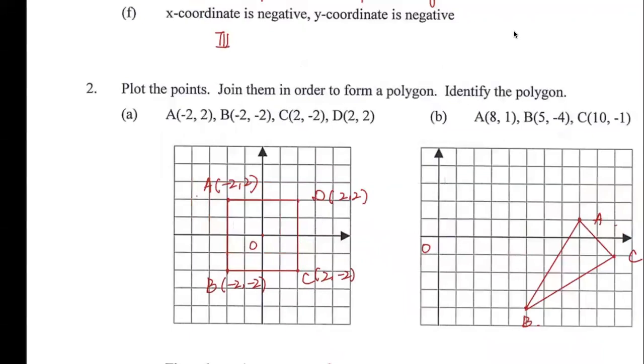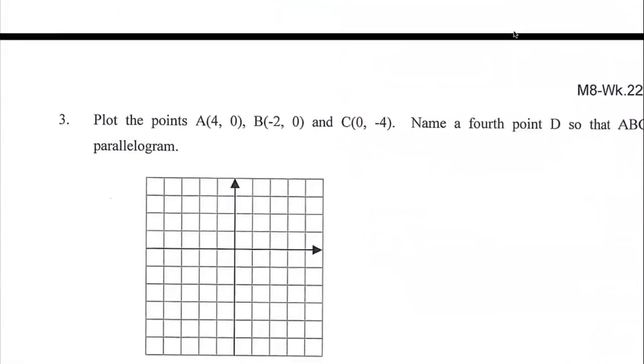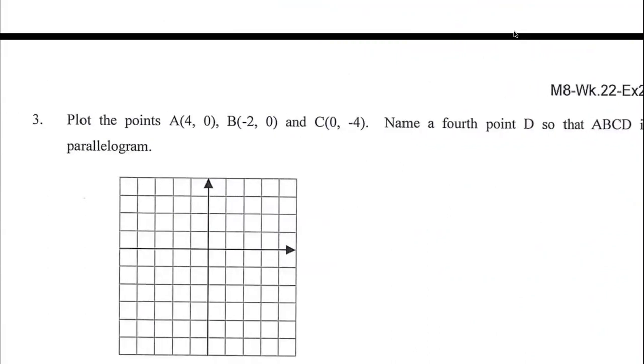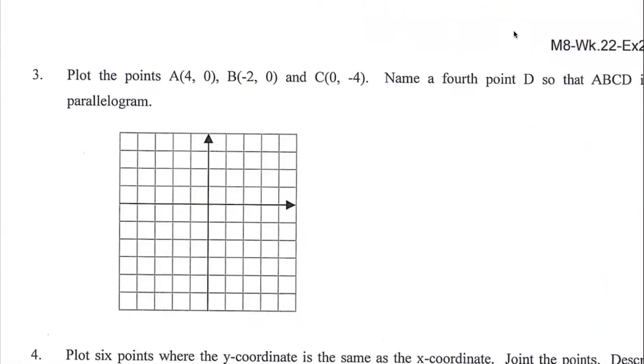So I would say question number 2 is relatively easy. Okay. Question number 3. Plot the points A, B, and C. Name a 4th point D so that A, B, C, D is a parallelogram. This question is a little bit tricky.